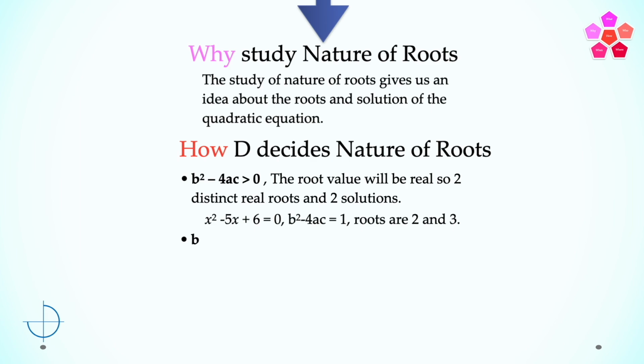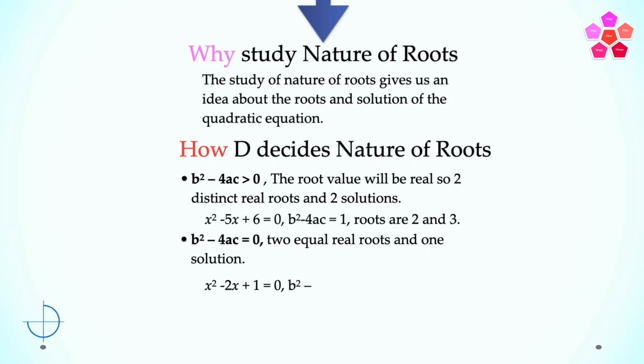If b squared minus 4ac is exactly equal to 0, two equal roots are possible and only one solution is possible. For example, x squared minus 2x plus 1 is equal to 0. b squared minus 4ac here comes out to be 0. So the roots are 1, 1 and the solution here is only 1.